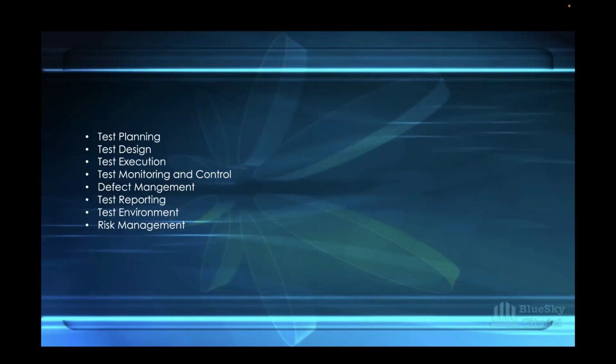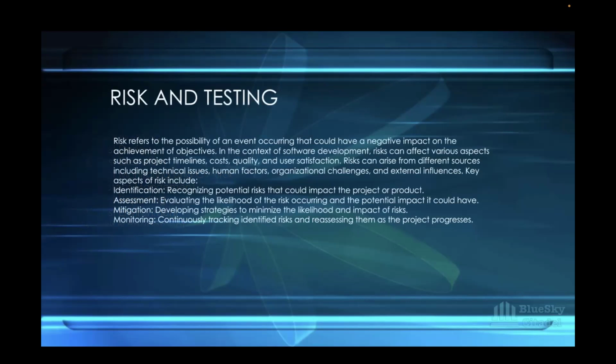And you also have risk management. With risk management, you have to identify and assess any potential risks related to the testing processes. So we'll move on to the next slide, which is risks and testing.